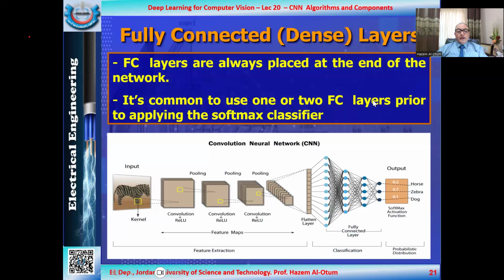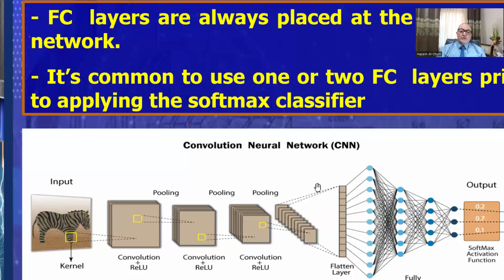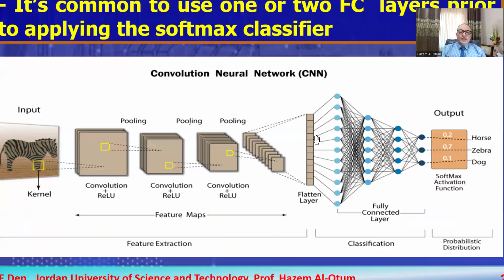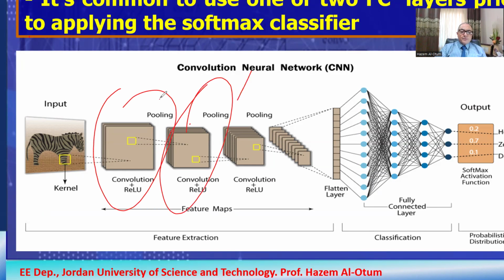As I have just mentioned, they are usually placed at the end of the network, and you can use one or two layers prior to applying the softmax classifier. So they are usually accompanied with the softmax classifier. As you see here in this image of this network, we have the convolution plus ReLU plus pooling repeated many times.